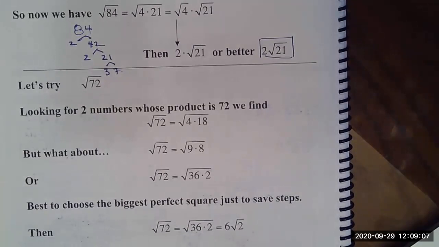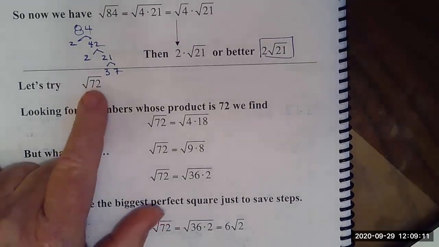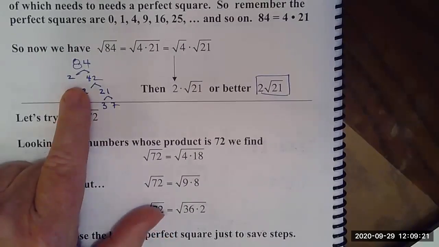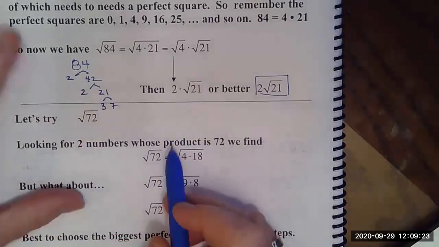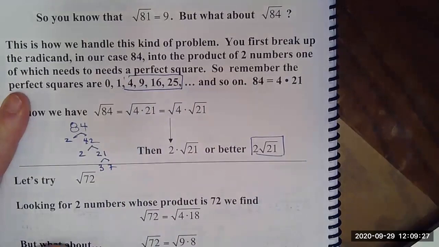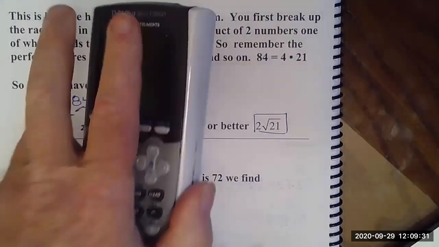Let's try a different one. Bust this up or find 2 numbers that give you 72. And maybe an idea, I want to target perfect squares. So instead of targeting 2, which is not a perfect square, target perfect squares like these guys. Will any of those numbers go into 72? Sometimes you don't know.